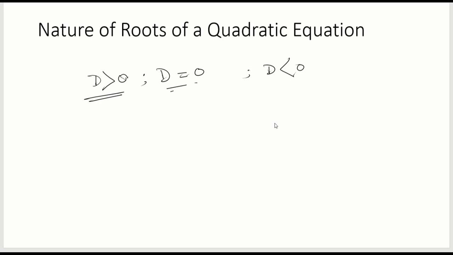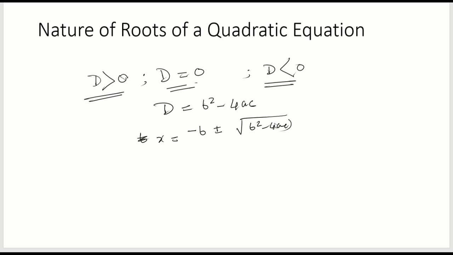So here these are the discriminant cases when it's equal to 0 and when d is less than 0, and as you know, d equals b square minus 4ac, which is inside that root. Like x equals minus b plus minus root over of b square minus 4ac by 2a, where x is the root of the equation.